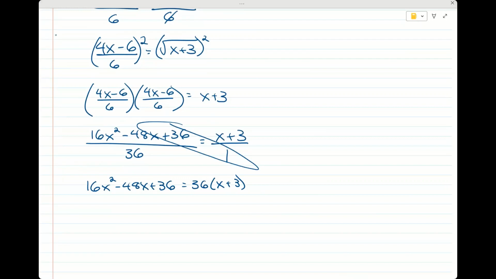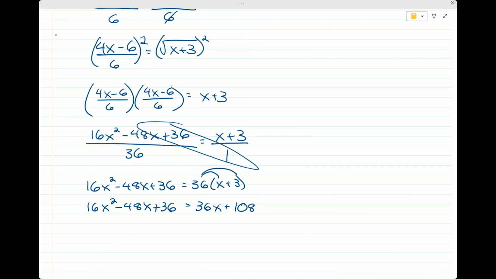All right, so let's multiply this 36, and we'll get 16x squared minus 48x plus 36, and that's going to equal 36x plus, and then we have to do 36 times 3. So 36 times 3 is 108.